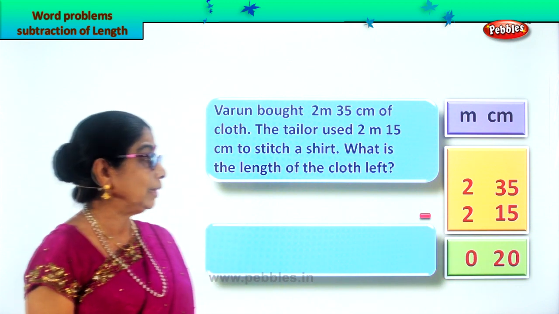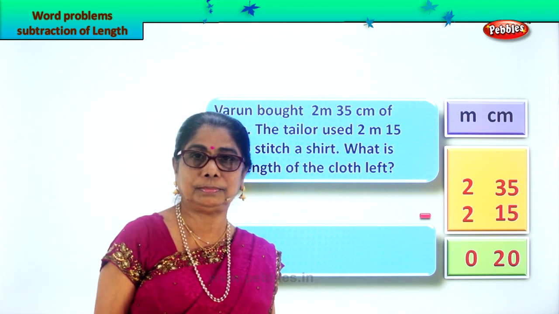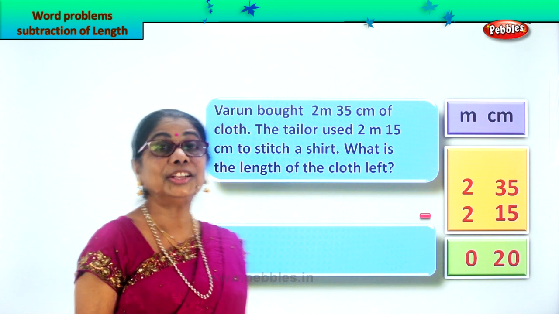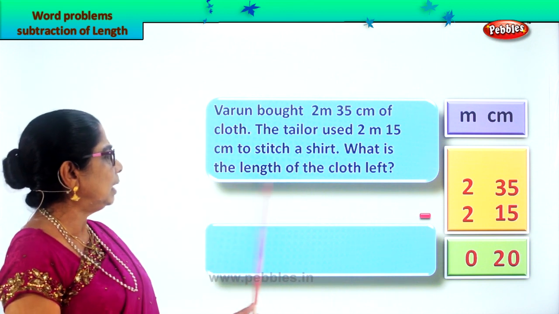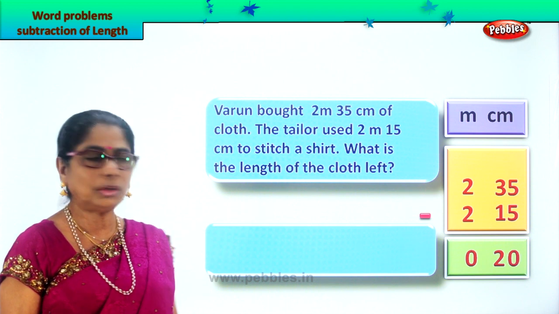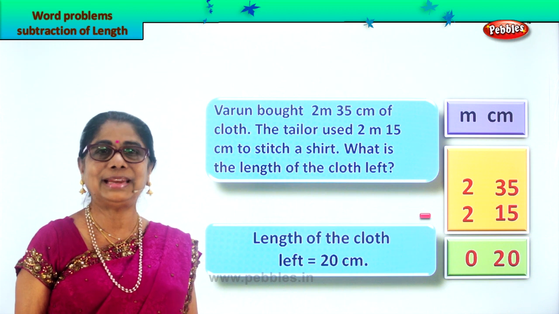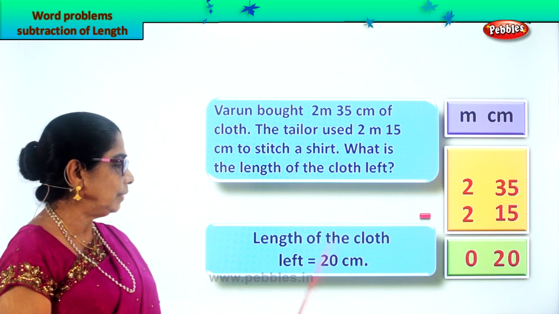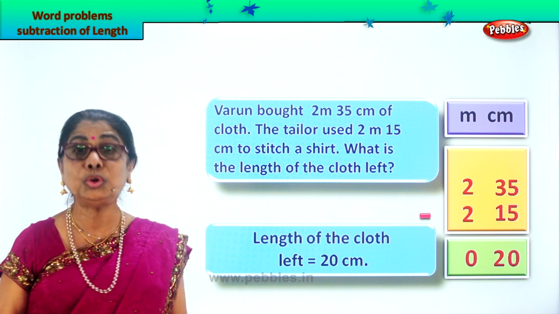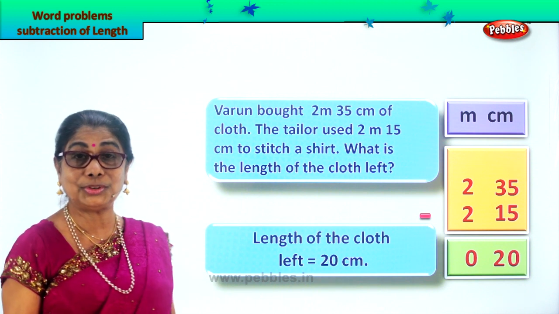So Varun is left with 20 centimeters of cloth after stitching a shirt. What is the length of the cloth left? The length of the cloth left is 20 centimeters. That is your answer. The length of the cloth left is 20 centimeters, and the tailor gives it to Varun.